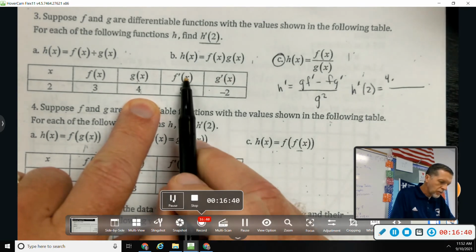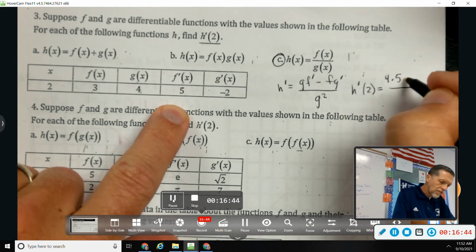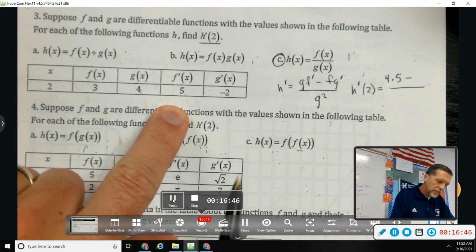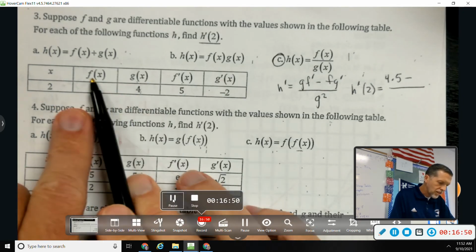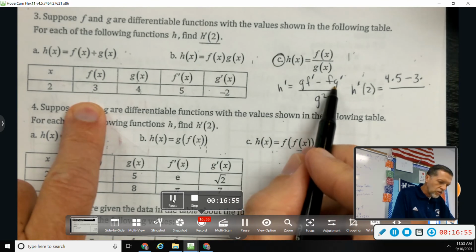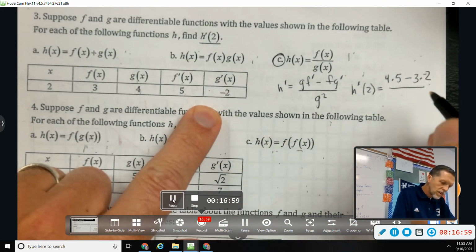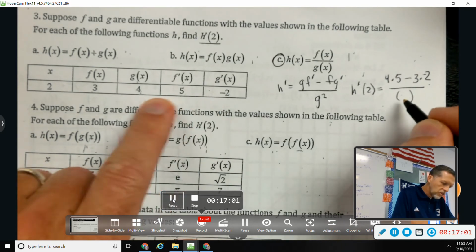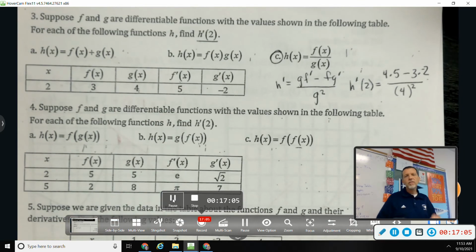F prime at 2 is 5. Minus f of 2 is 3. G prime is -2. G is 4, so 4 squared. And stop, leave it alone, be done.